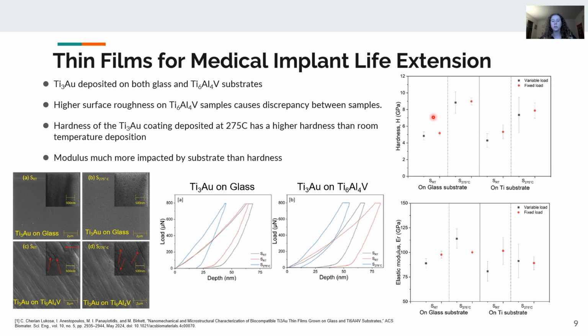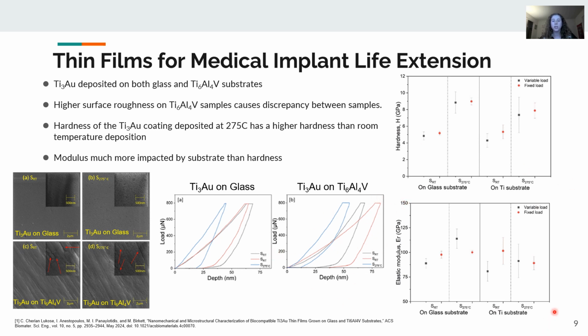And that was seen here in your hardness graph as well. The samples deposited at 275 degrees Celsius did show a higher hardness than the samples deposited at room temperature. And again, on the titanium substrate, there's larger error bars, which is a reflection of these discrepancies.